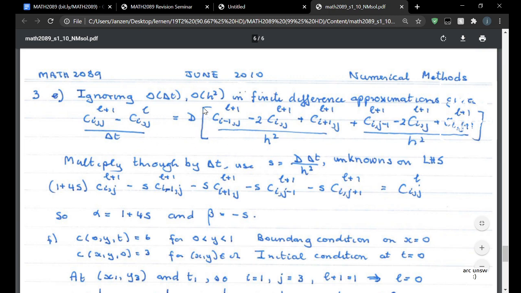So effectively, we are factorizing h squared out from the right side, so we get d on h squared. Then we multiply both sides by delta t, so we get a factor d delta t over h squared, and we are replacing that expression with s, creating this expression here. So basically we'll get alpha and beta in terms of expressions involving s.